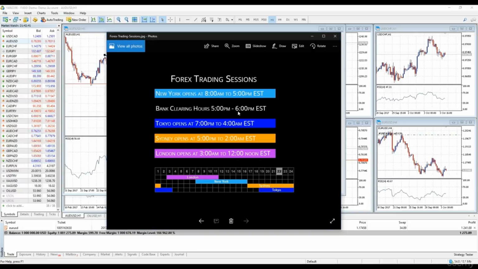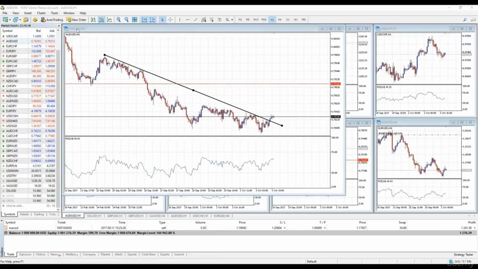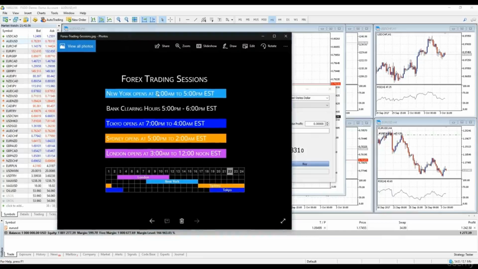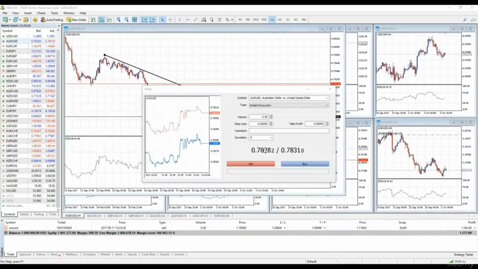Until 6 p.m. This is an hour when you shouldn't be trading, because you'll notice the pip spread for a lot of currency pairs has widened out. Right now the spread here is about 2.5 pips. During the clearing hour from 5 to 6, you might see spreads widen out to as much as 10 pips.